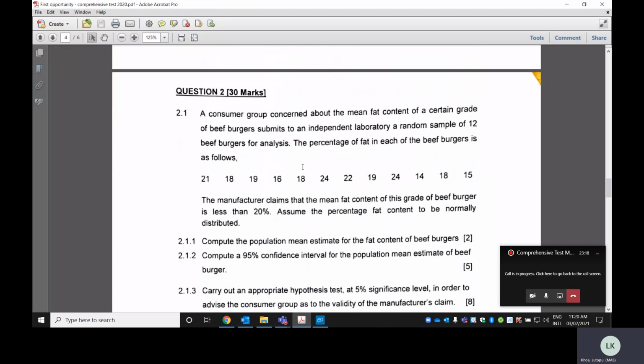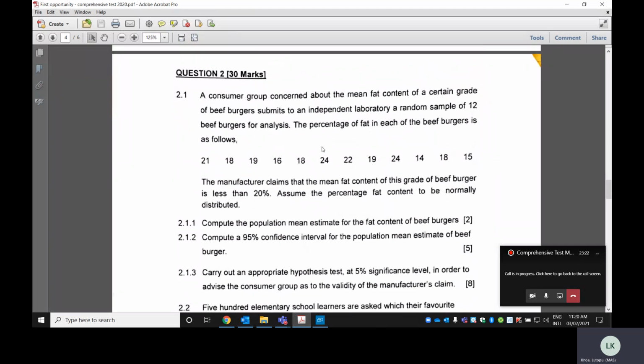So here we are told that sigma is, well, we're not told what sigma is, but it's not given to us, so it is unknown. And then the second thing is you look at the sample. If the sample is more than 30, you use the Z. If it's less than 30, then you use the T. Here we don't have sigma, we have a small sample, so this is a T.